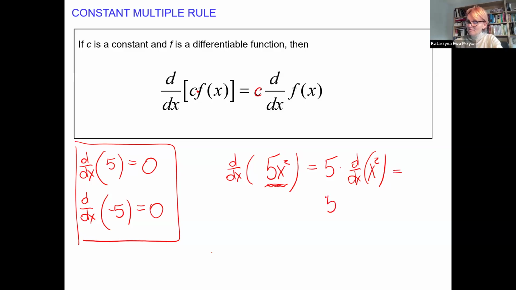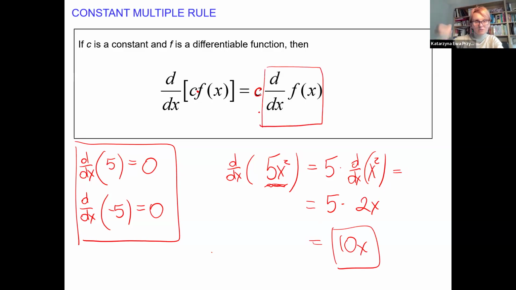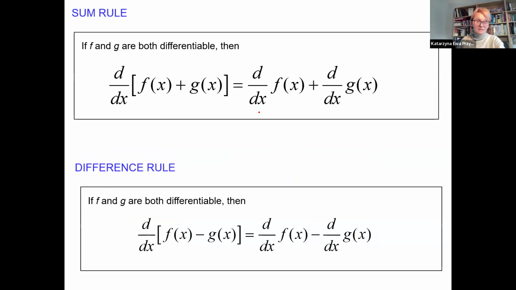That means this will be 5, this is 2x. The final answer is 10x, which you will do right away. You will multiply right away, but I'm just telling you this rule. The constant is still waiting outside, and we differentiate the function. Now addition and subtraction, the sum and difference rule.